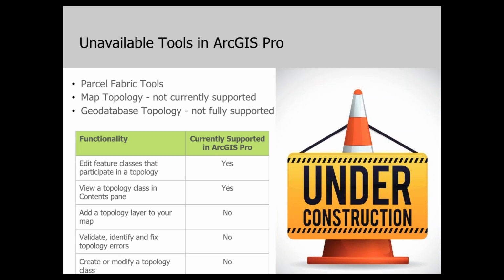For instance, polygons can't have gaps or can't overlap. These tools are used every day to essentially make sure that our data has the quality control that it needs, and they're not ready yet. So a word of warning, Esri is working on it, and they definitely will be a very big feature in ArcGIS Pro soon, but hold your horses a little bit if you need to work on a project that specifically needs those tools.